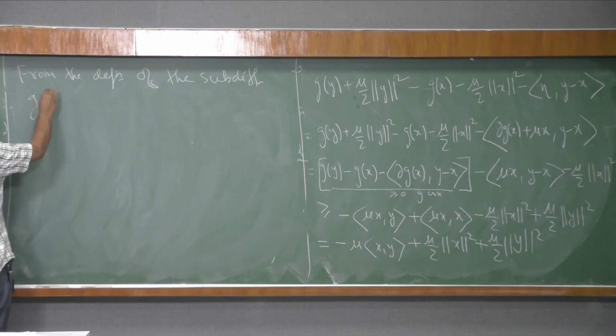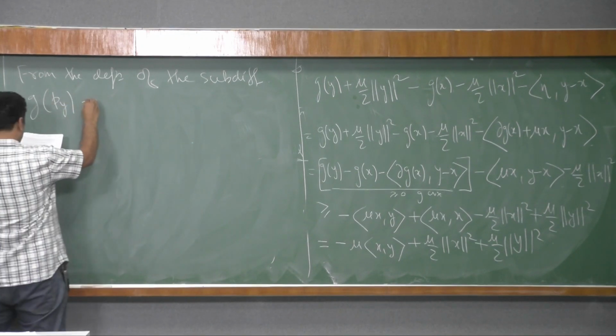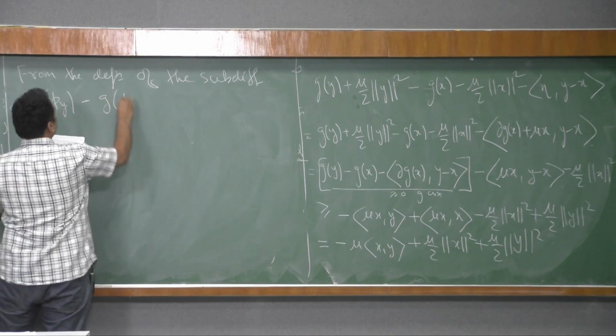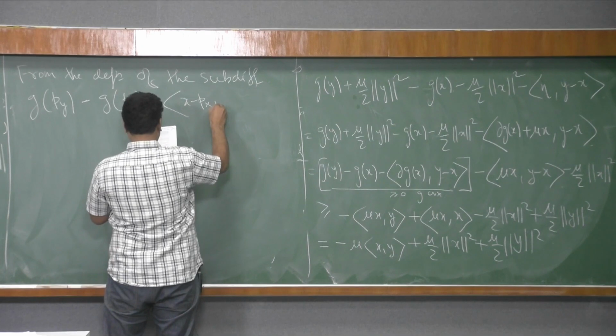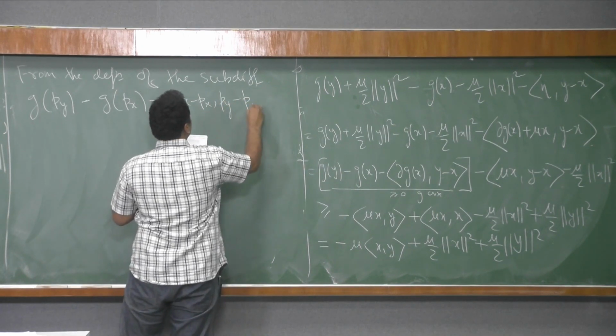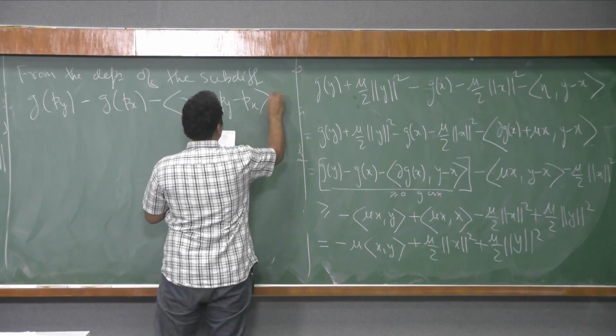We obtain G of Py minus G of Px minus the inner product of x minus Px with Py minus Px, and this is greater than or equal to 0.